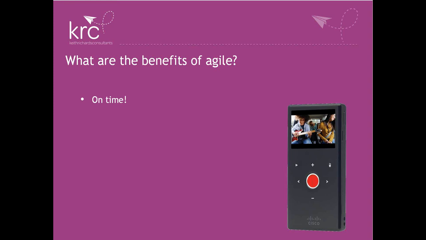So the thing you can get with Agile is you can get on time. If you're willing to negotiate with the scope, if you're willing to trade features, you can get on time. And in this day and age, that is a hugely important thing. The picture on the right-hand side there is something called a Flip. It's a camcorder that was released by Cisco. Very, very limited feature set in terms of what it can do.